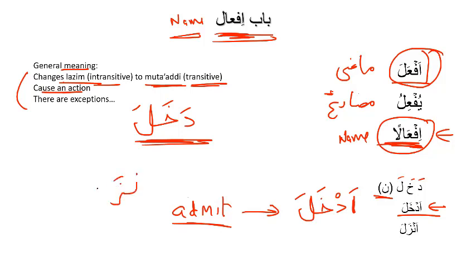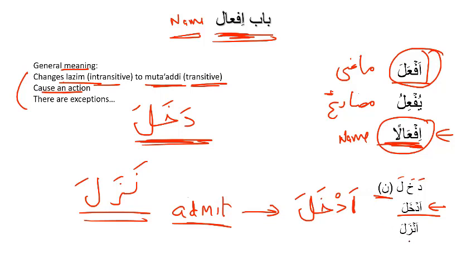All right. Another example. Nazala. So nazala means actually came down. So something came down, nazala. Anzala means it was sent down. So one is just coming down and the other is sent down.